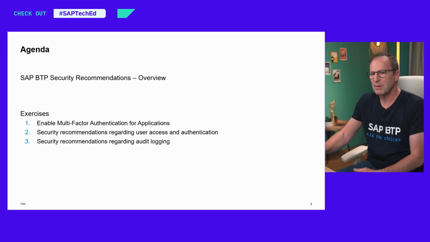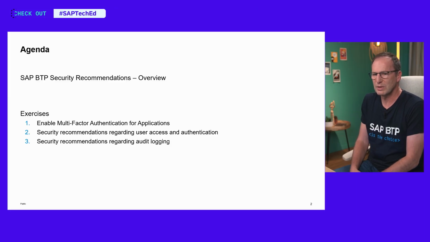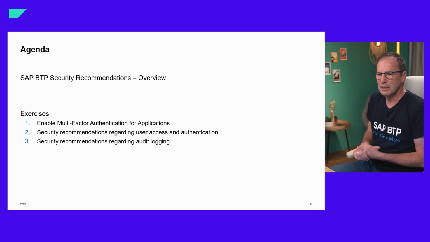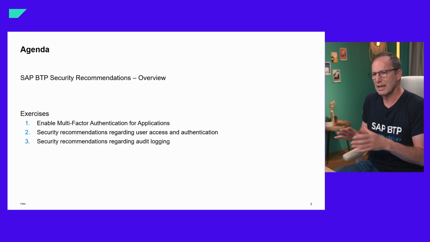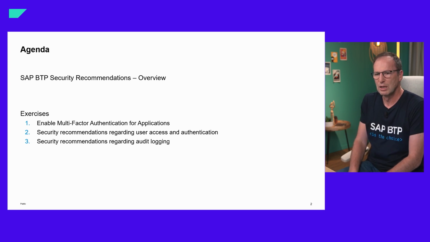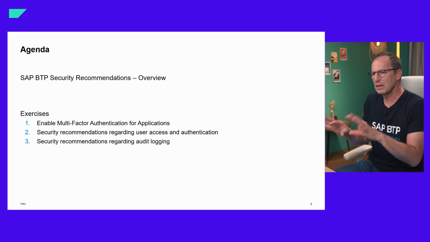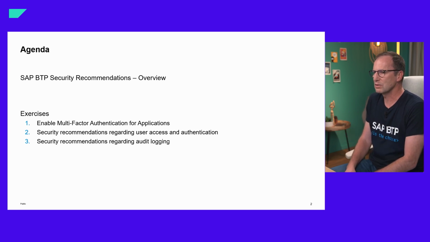After explaining the security recommendations and their purpose, I will explain shortly in the agenda the exercises you are going to do. In the exercises you are enabling multi-factor authentication for applications, and you are diving into the security recommendations regarding user access and authentication, and also one session about the audit logging.